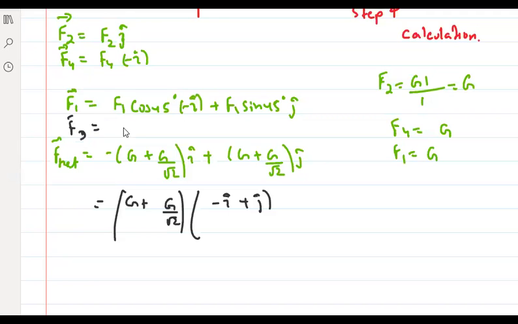F net, F3 total is equal to minus F4 plus F1 cos 45 degree I cap plus F2 plus F1 sin 45 degree J cap.